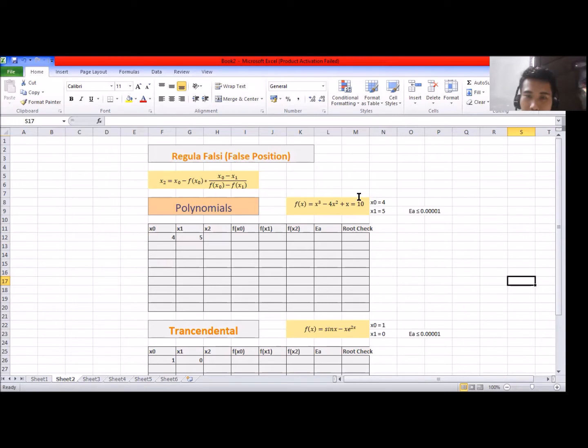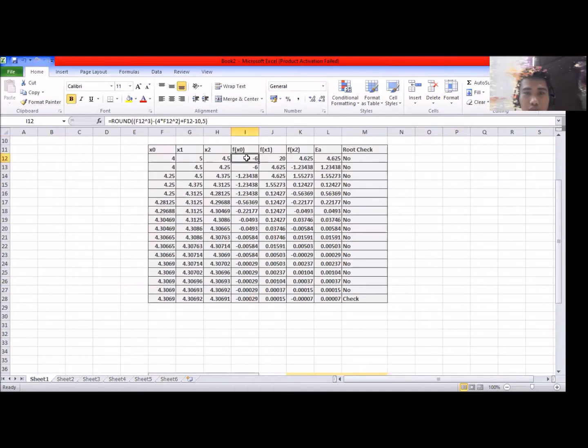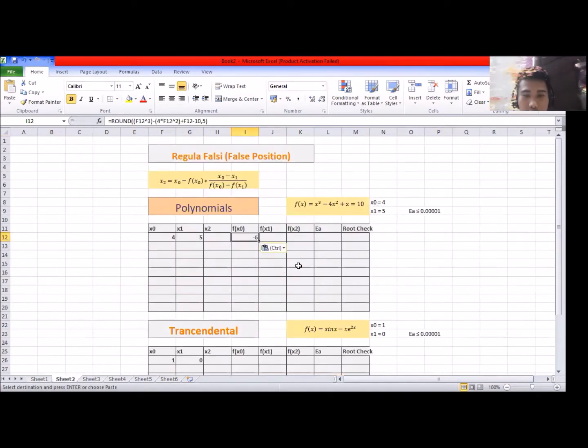So earlier, we had the same function that equals x cubed minus 4x squared plus x equals 10. So in getting the x of 2, we need to copy the function here. So like here, copy the function.